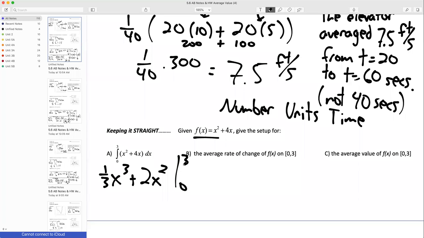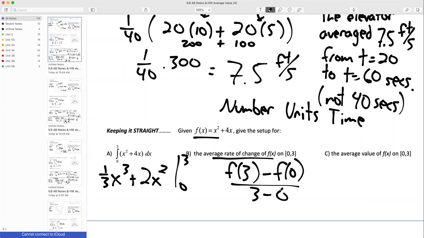The average rate of change of the function, that average rate of change is the slope. So in this case, I would need f of 3. I'm finding the slope on my function from 0 to 3. So f of 3 minus f of 0 over 3 minus 0.